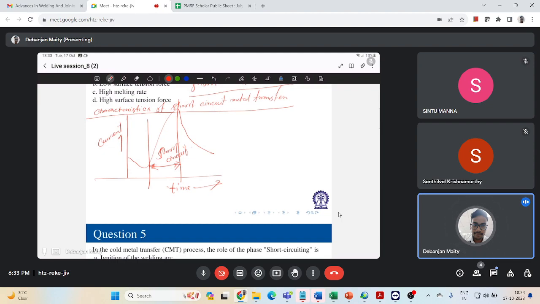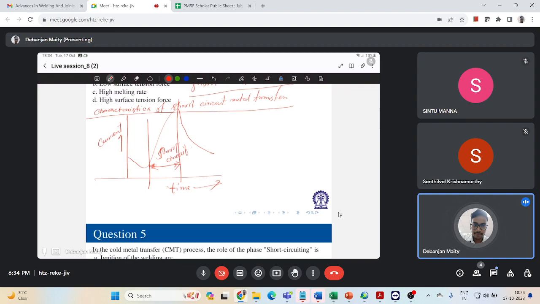It will be continuously melting, and because it is continuously melting, it always forms some defects. Your melting is more, the crack formation will be more, porosity will be more, and to eliminate those defects, cold metal transfer came into the picture.